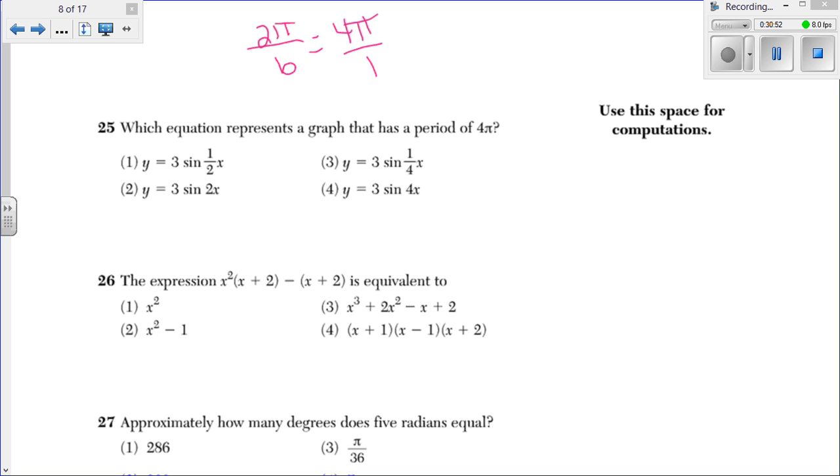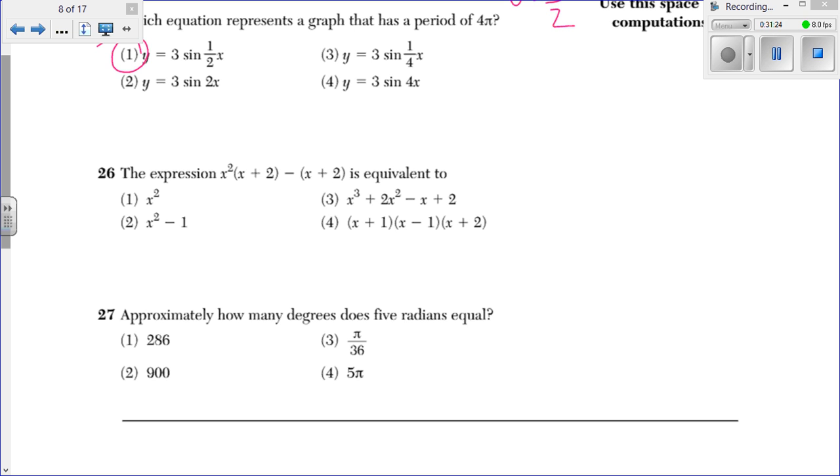So if we cross multiply, I have 4 pi b equals 2 pi. B is equal to 1/2. The only trig equation that has a b value of 1/2 is choice 1.